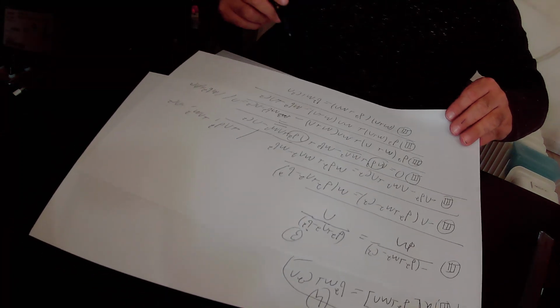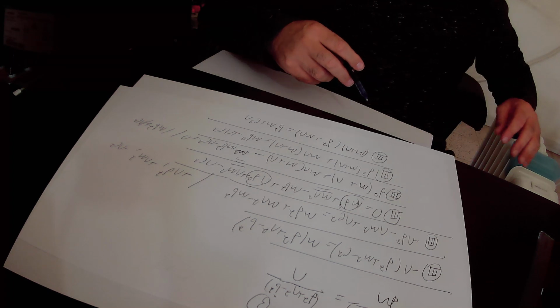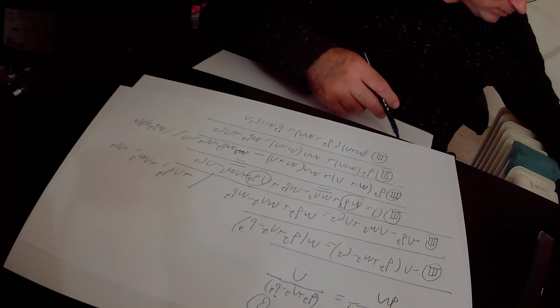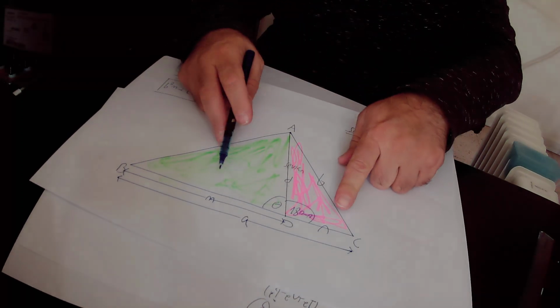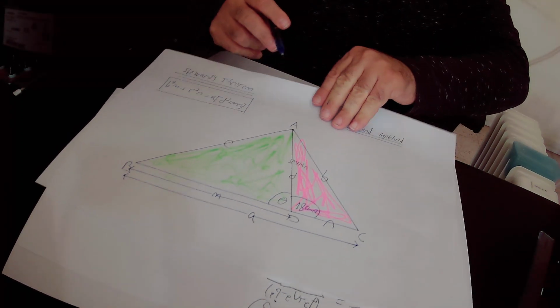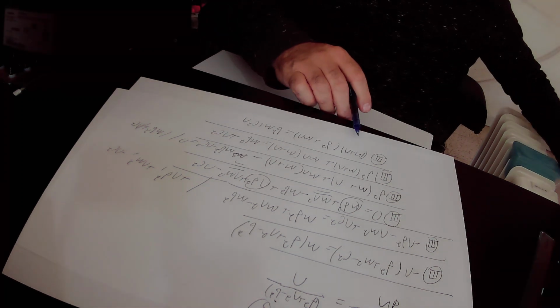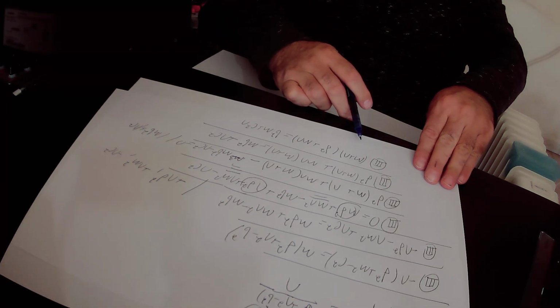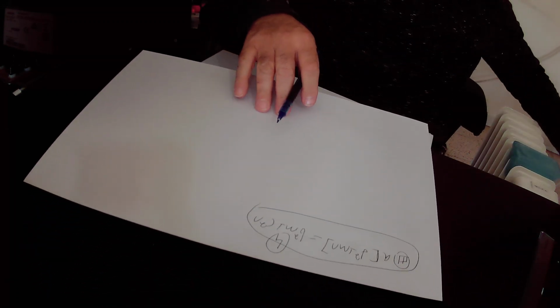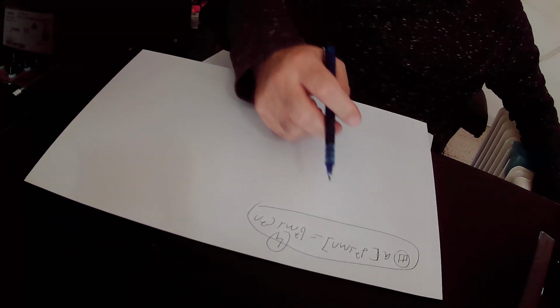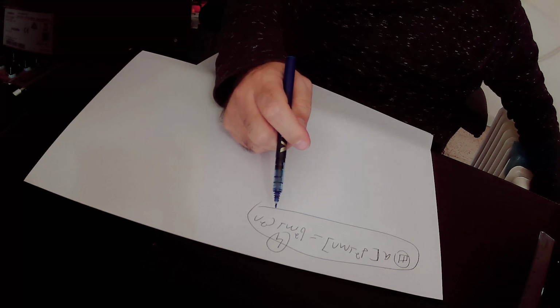Then we have already found out that m plus n equals a. Therefore we can substitute m plus n by a. So we substitute m plus n by a in this equation, and found out finally that a times d squared plus mn equals b squared m plus c squared n.